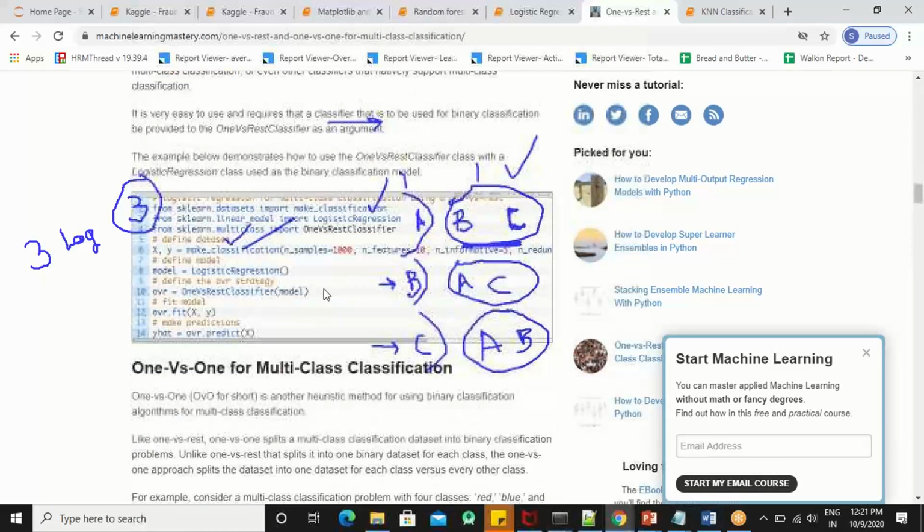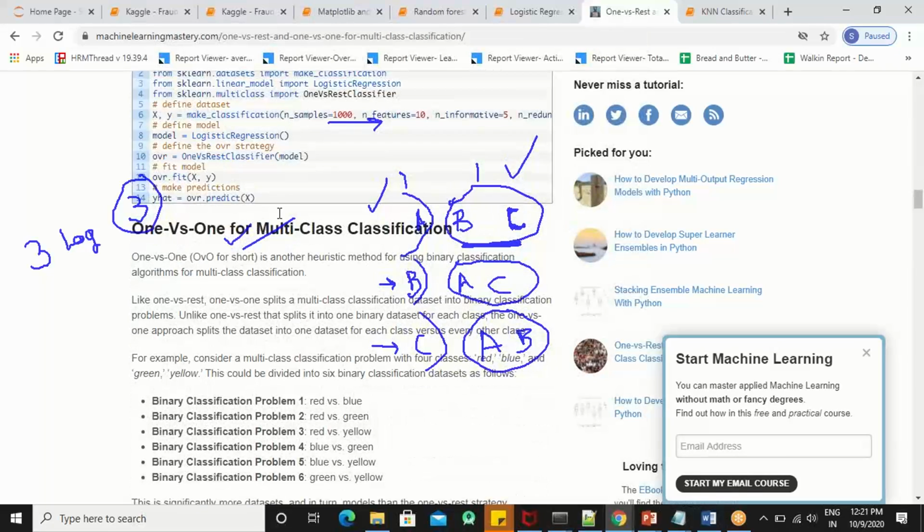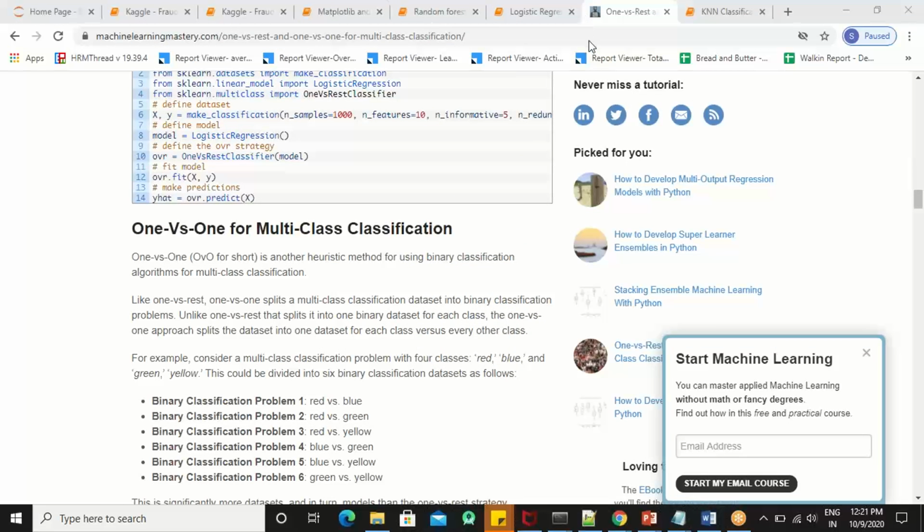Then there is one versus one. It's more complicated. It says if again you have A, B and C, 3 classes to predict, you will create all the possible combinations, and that many models will be there.